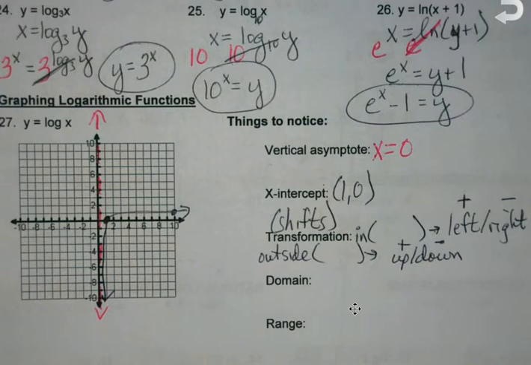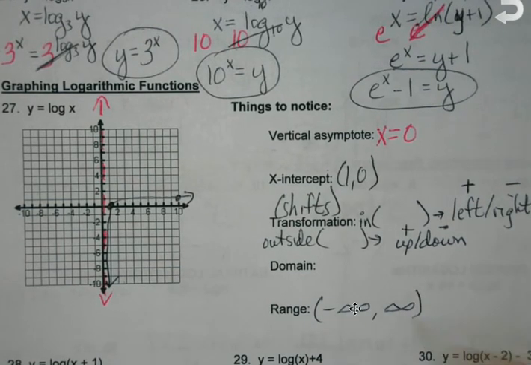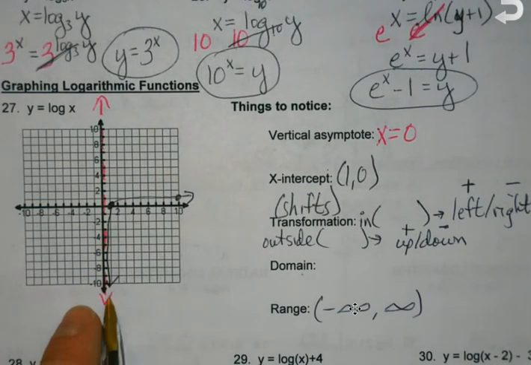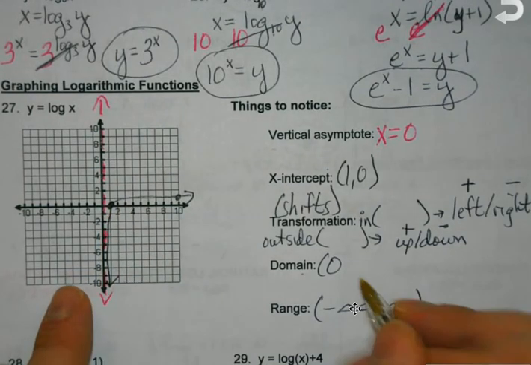And then the last part, with domain and range, it's going to be the exact opposite of what we were doing with growth and decay. Now, my range is going to be the one that's going from negative to positive infinity all the time instead of the domain. And then here in this case, my domain, my x values, their leftmost point is at 0, and heading off to infinity.